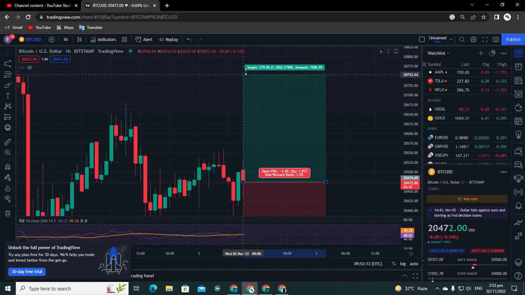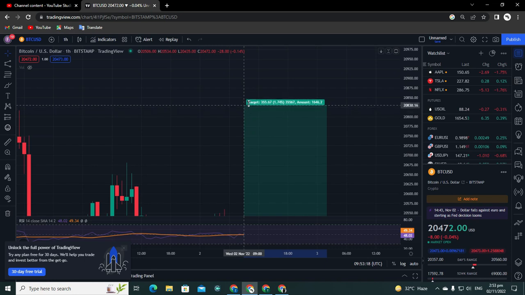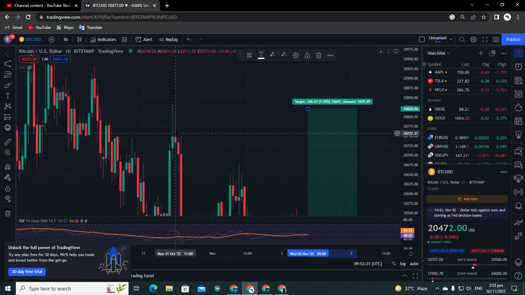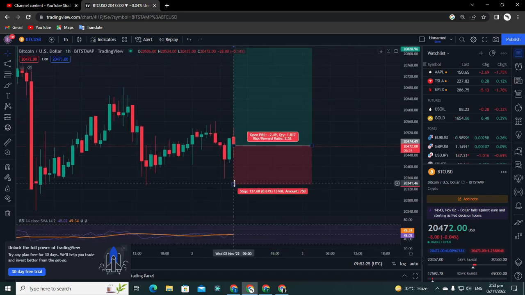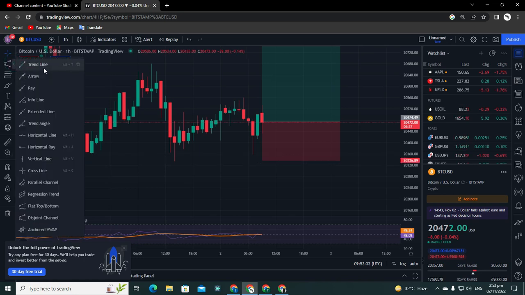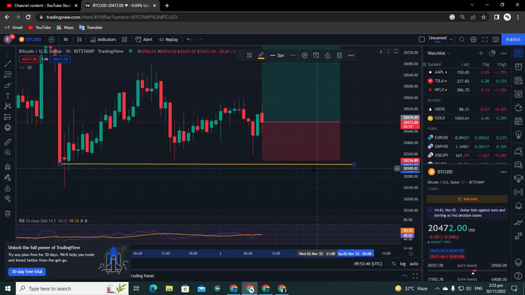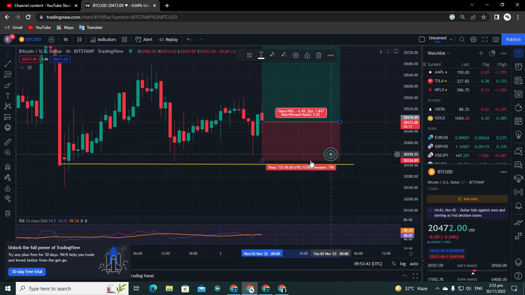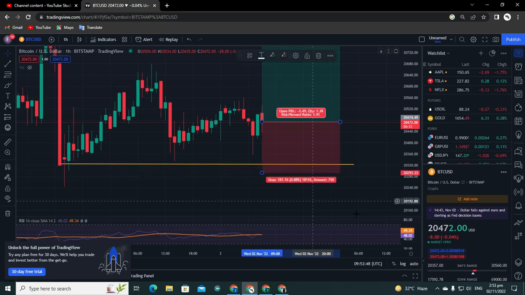Let's consider 21,000 as our target, but I will stop a bit behind, at 20,800, because previously it went around this zone. I put my stop loss about here because in this range, if I use those previous tools of trend lines, it was here and here and then here, here. So I consider this point as a resistance, as a support level.